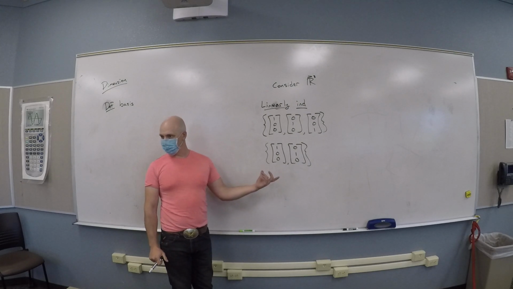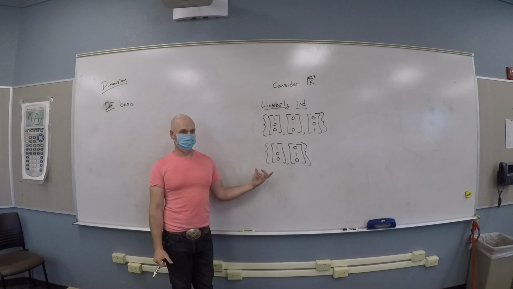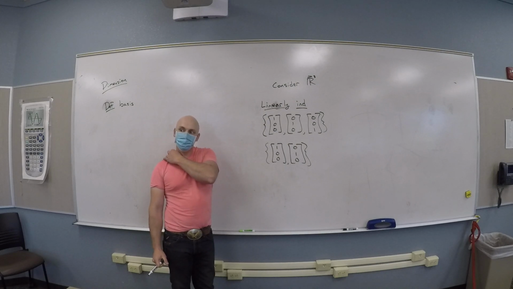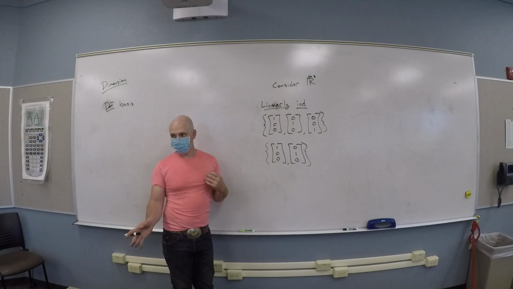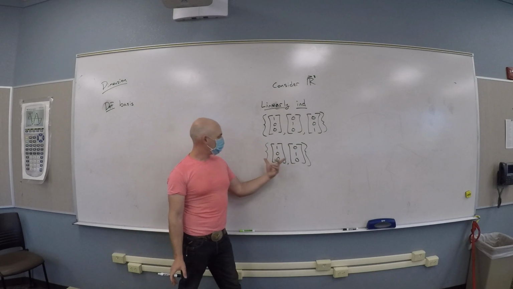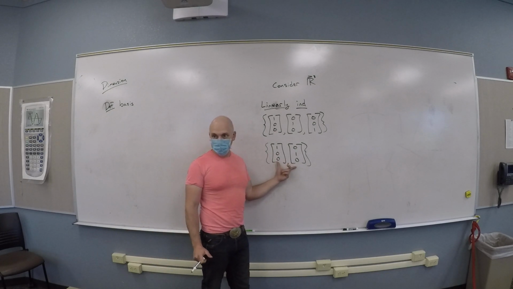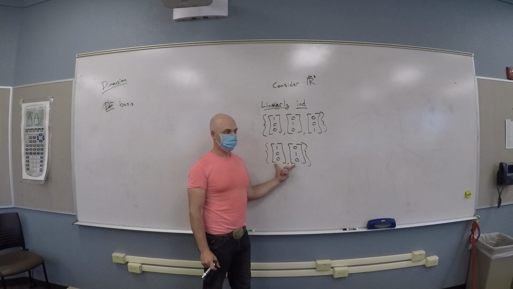Right, the vectors i and j are linearly independent. But in R3 we'd have a row and zeros. I'm just talking about a set of vectors, right? So this set of vectors feels too small for R3. You guys see that?